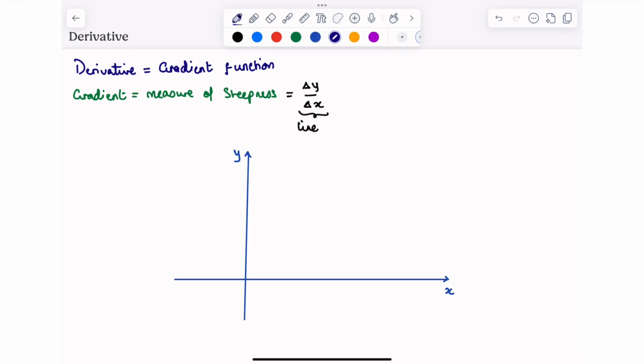So guys, imagine I have a curve like this. Something like that, okay? So I have a curved line here, and let's say I want to find the gradient at this point right here. What am I going to do to find the gradient at that point?